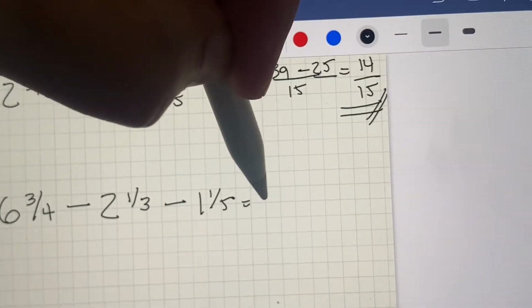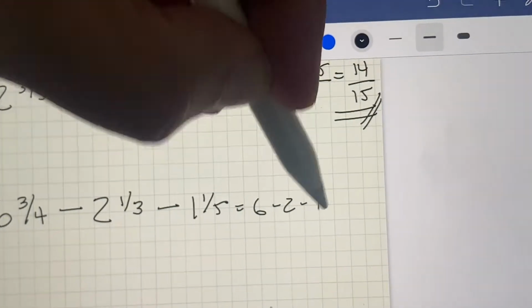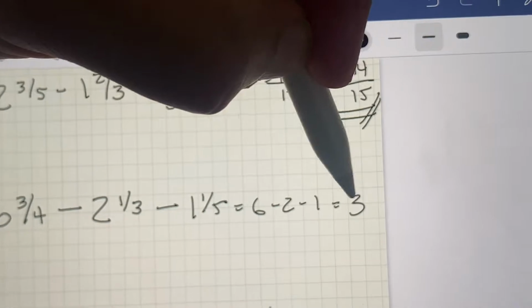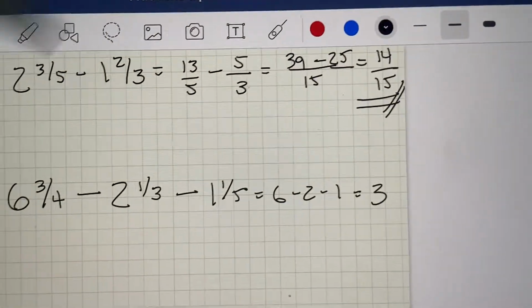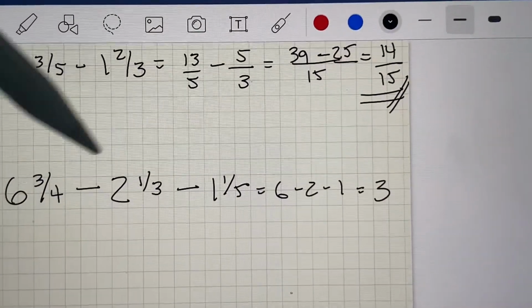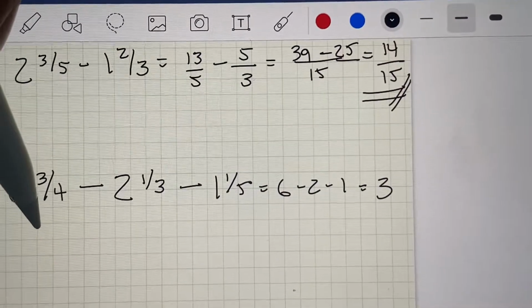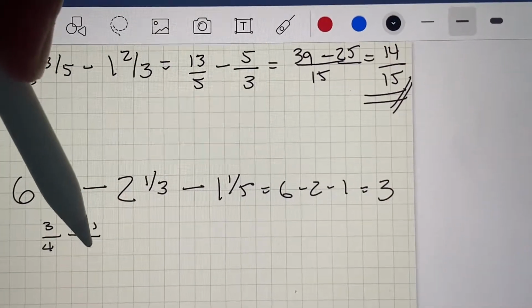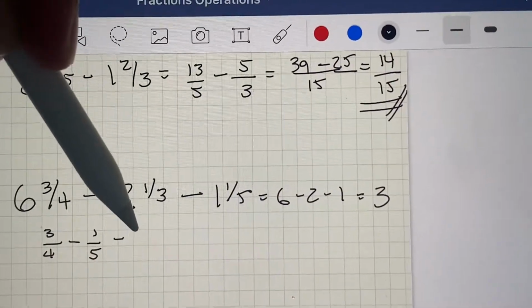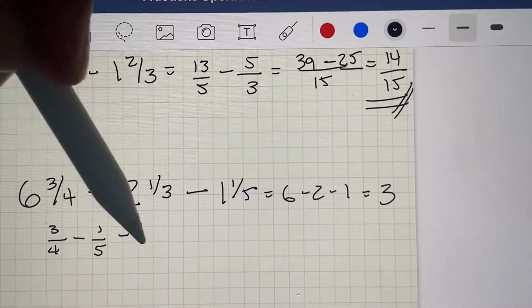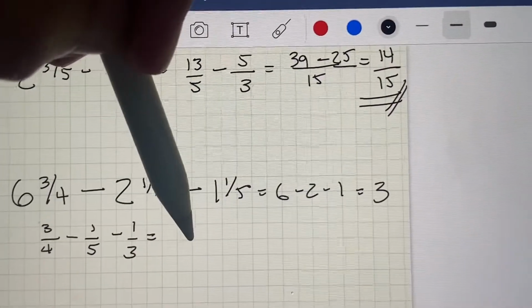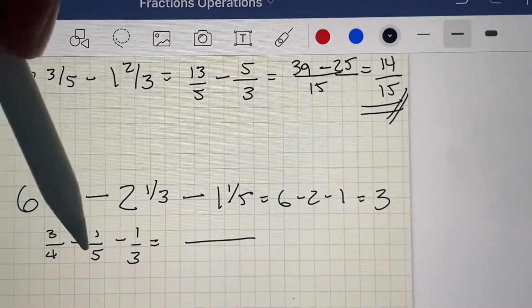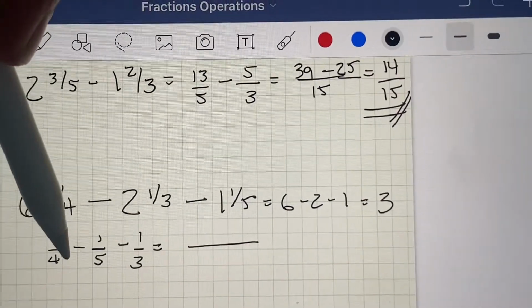So I can say here 6 minus 2 minus 1, that equals 3. Now I can split the fraction part and say 3/4 minus 1/5 minus 1/3. The common denominator for these numbers would be what?